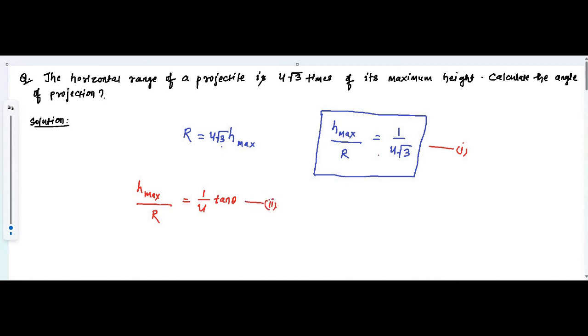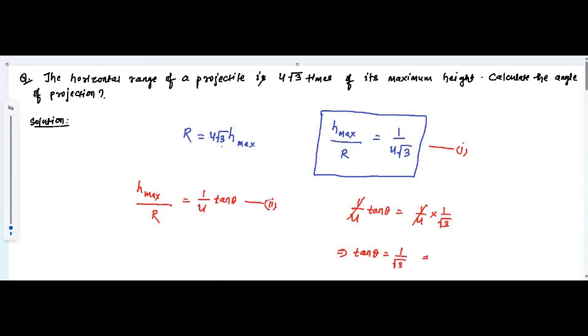So if we compare these two equations, we will have 1 by 4 tan theta is equal to 1 by 4 into 1 by root 3. So 1 by 4 will get cancelled. That implies tan theta is equal to 1 by root 3.